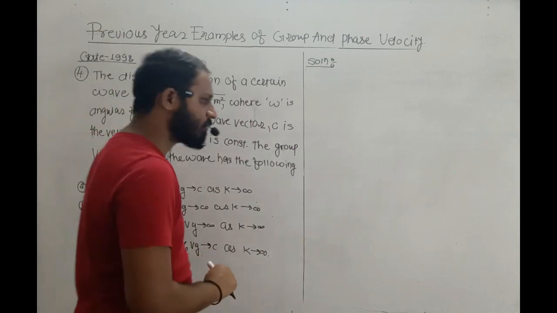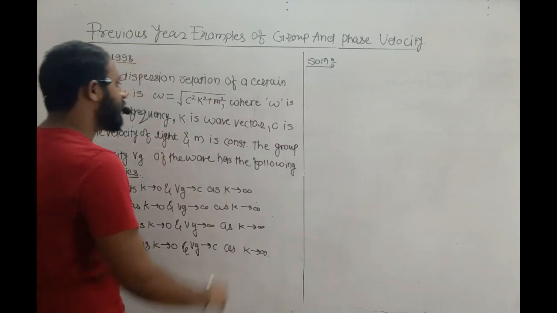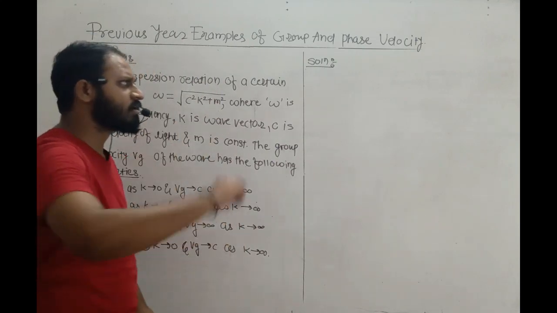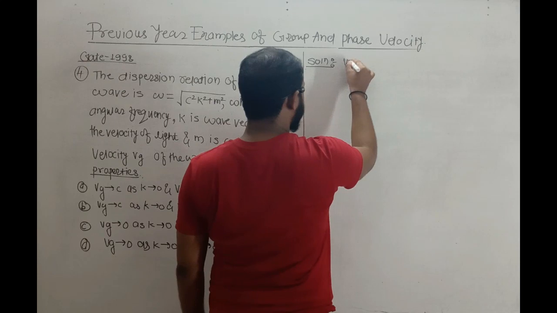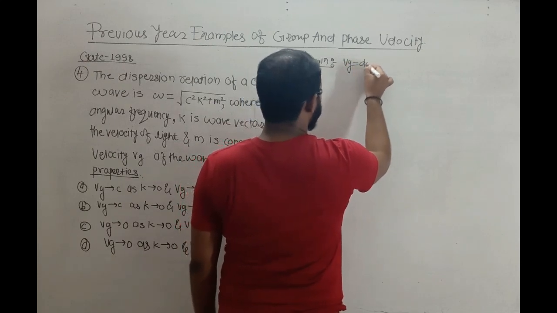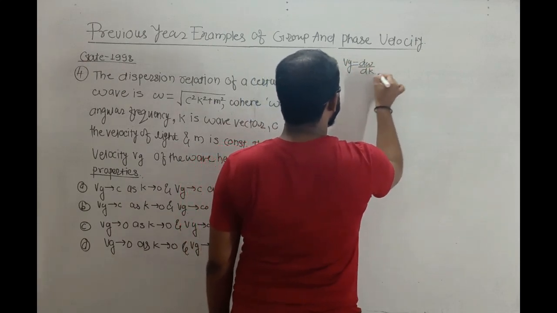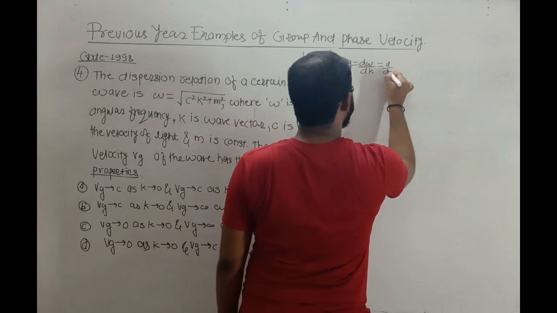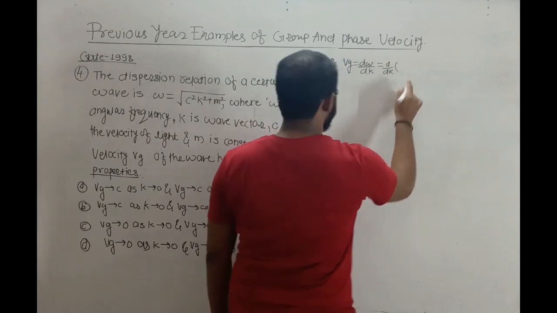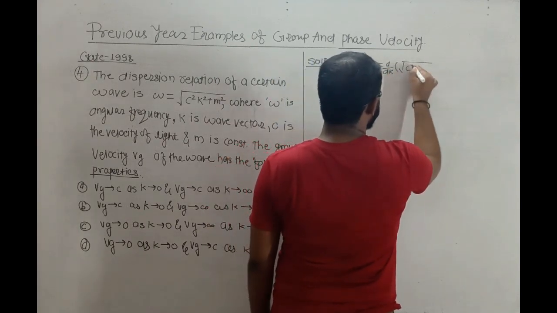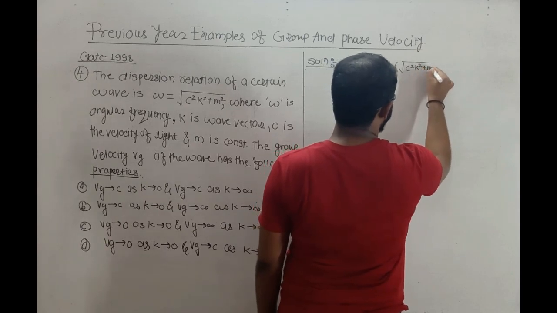Okay, what is the formula for group velocity? If omega is given, Vg equals d omega by dk. Therefore, d by dk of omega, which is root of c square k square plus m square.